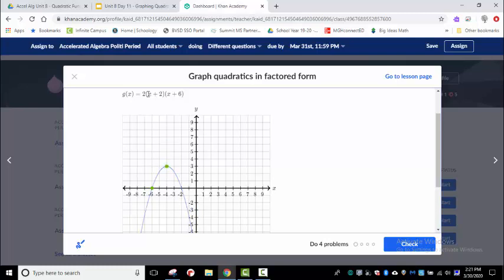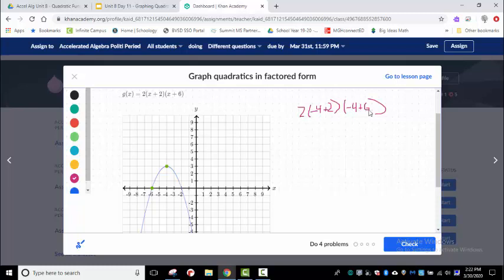Okay, then I might have to do a little scratch work because I don't know exactly where. So if I plug in -4 for my x value, then I'll have 2 times -4 plus 2 times -4 plus 6. So that's going to give me 2 times -2 times +2.